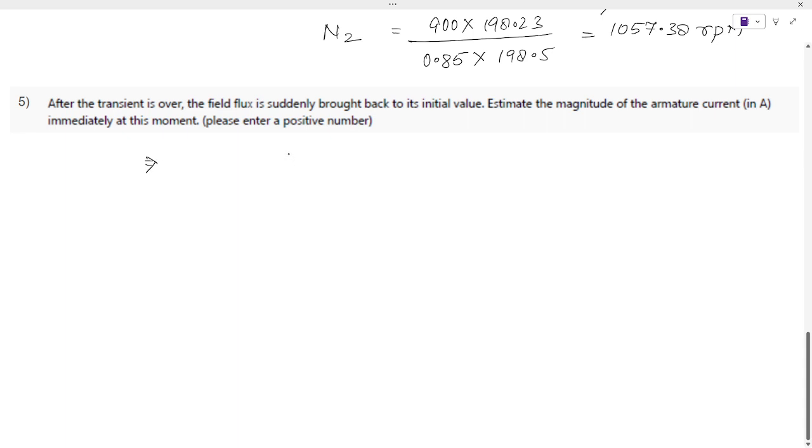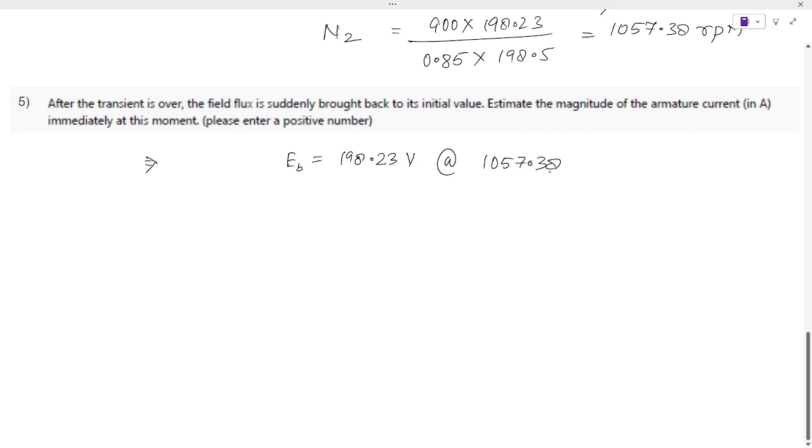Again the same story. EB you found out as 198.23 volt, and it was running at a speed of 1057.38.